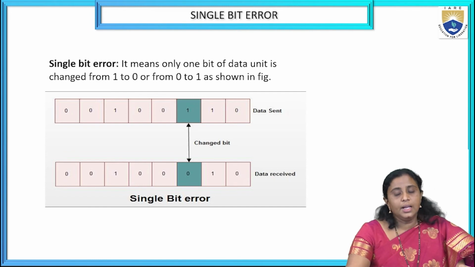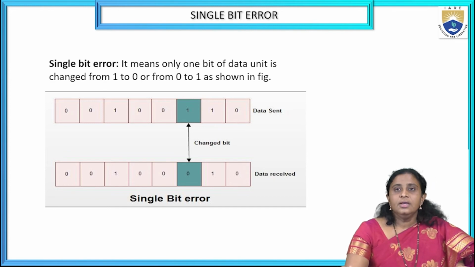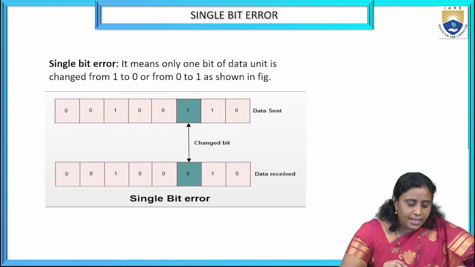This is the diagrammatic representation of a single bit error. A single bit error means only one bit of a data unit is changed from either 1 to 0 or 0 to 1, as shown in the figure given below. Here, the data sent from the source host to the destination host is 0, 0, 1, 0, 0, 1, 1, 1.